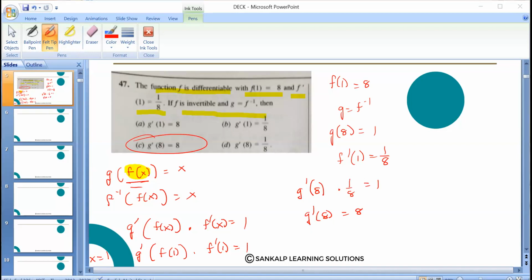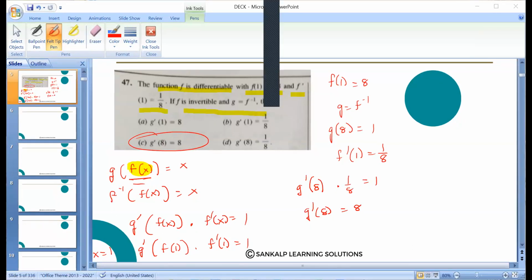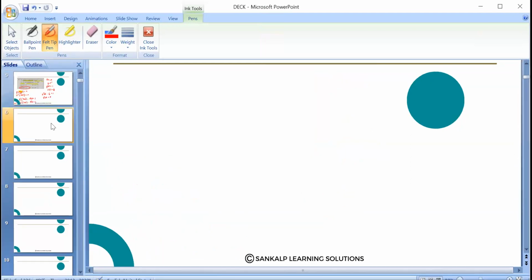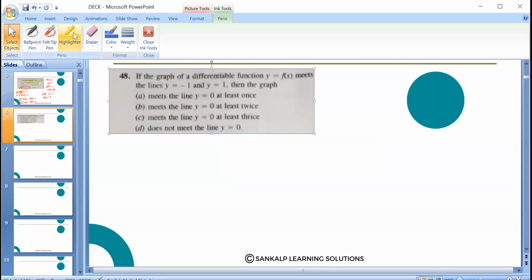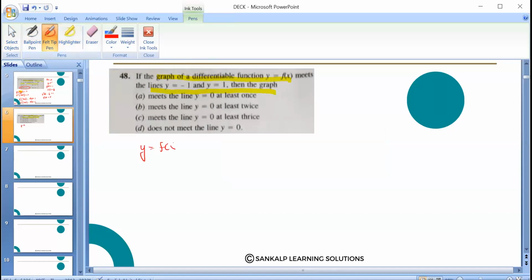Next, 48. The graph of a differentiable function y equal to f of x meets the line y equal to -1 and y equal to 1. Then the graph, about the options. We know that y equal to f of x is differentiable.